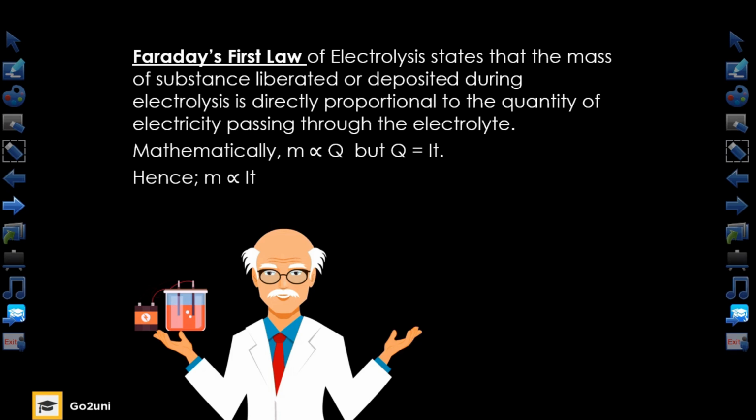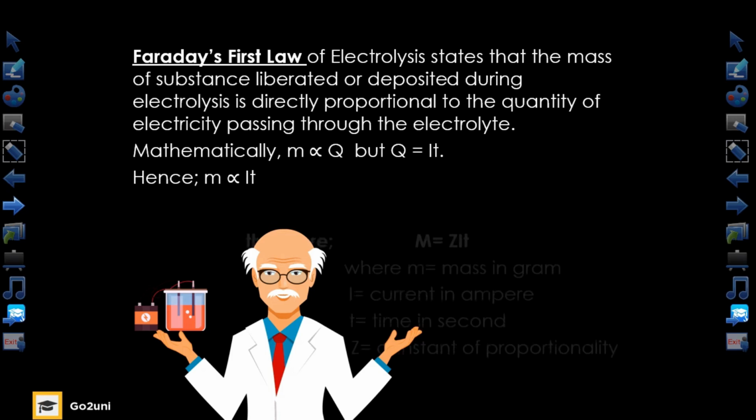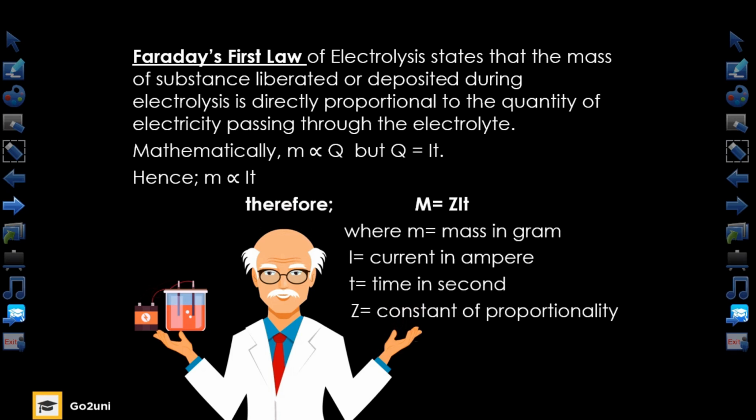So we can therefore say that mass is directly proportional to IT. And if we remove the sign of proportionality, that gives us mass is equal to ZIT. Sometimes the Z is represented with the letter E, so you may see M equals EIT.